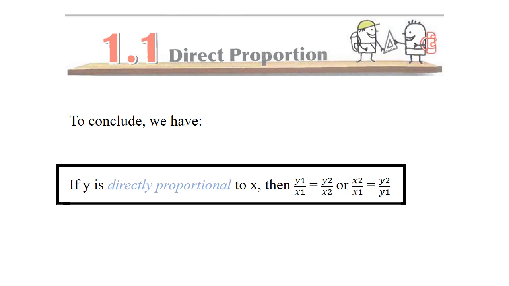So from that observation, we can mathematically write the direct proportionality as the ratios of two variables. Like we have x1, y1 and x2, y2 as two variables. For example, in the case of fine and the number of days, we can set one variable as x and the other one as y, and we can have different values.